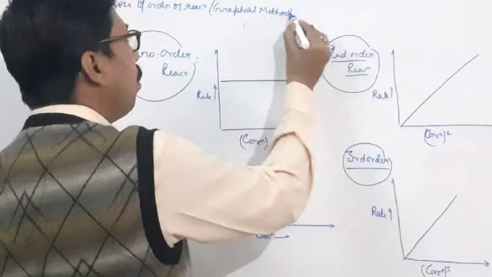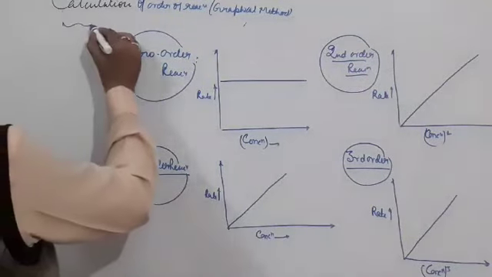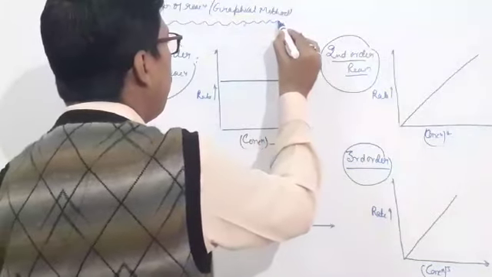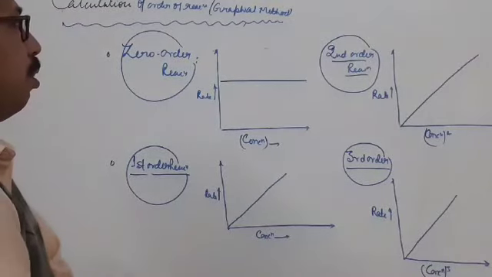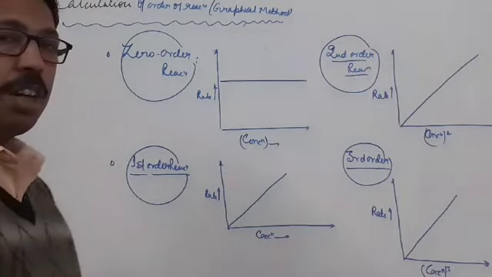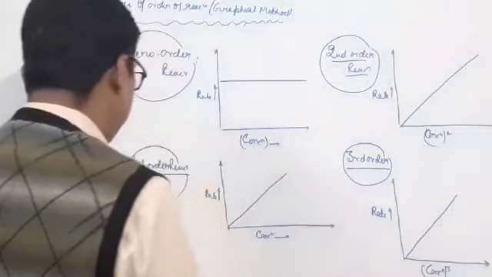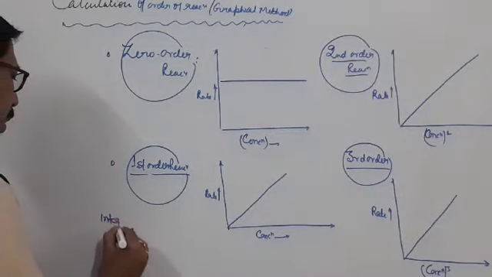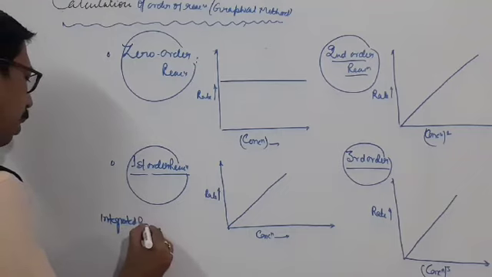And now the last method by which we can easily calculate the order of reaction is the hit and trial method, which is also known as the integrated rate method. Here I am writing integrated rate method.